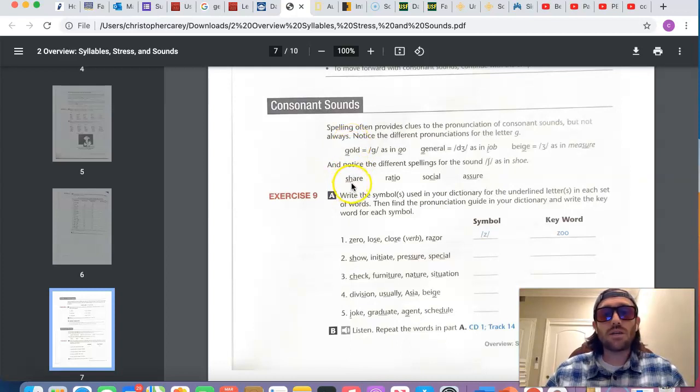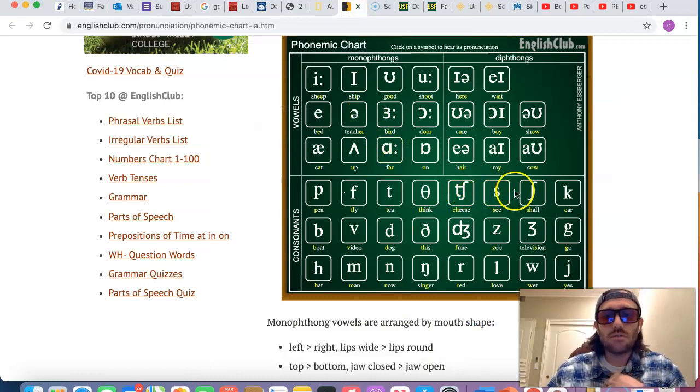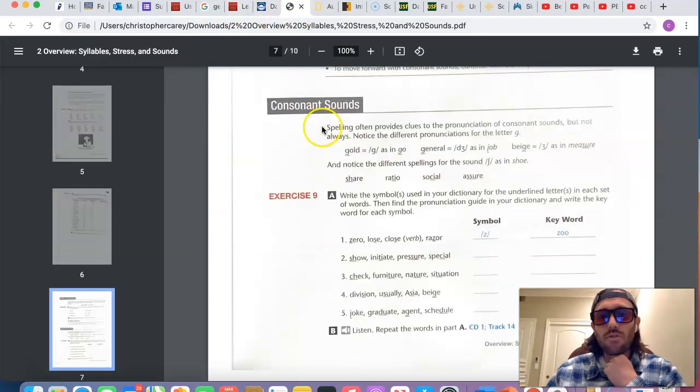For example, traditionally it's the SH consonant cluster, the sh consonant sound. Usually that consonant sound is produced with the letters S and H together. However, we see that consonant sound come up in a variety of other contexts.